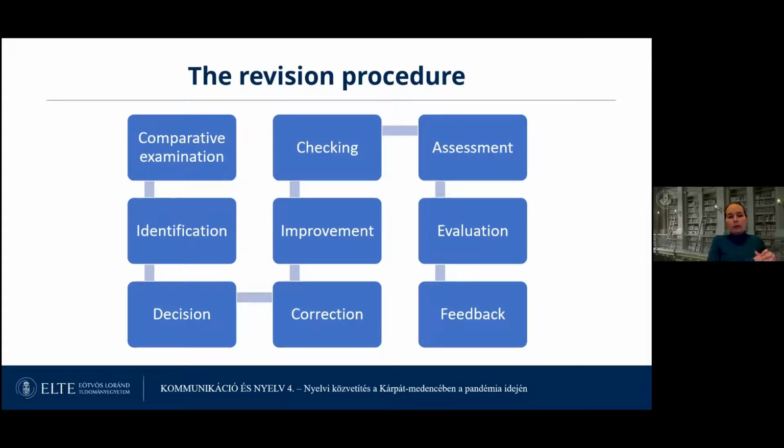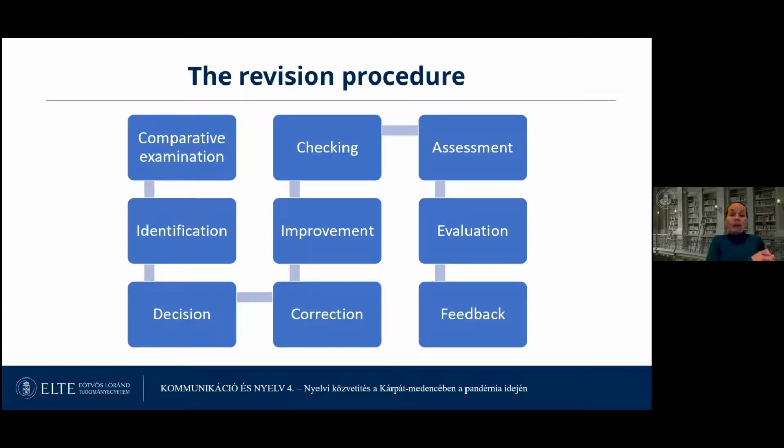So comparative examination is the starting point. Then the problem needs to be identified and correctly diagnosed so that a conscious decision can be made whether an intervention is necessary and what kind of intervention is necessary.